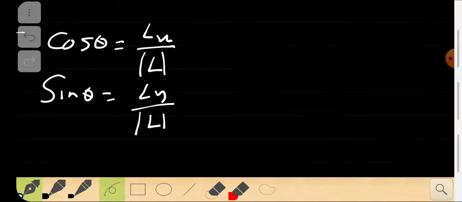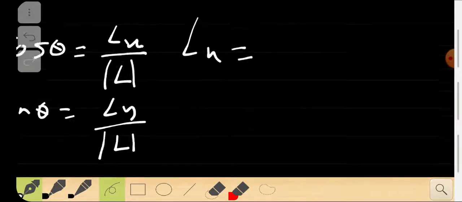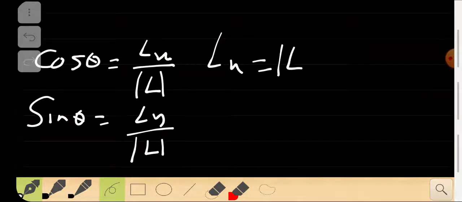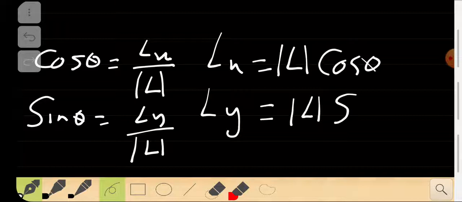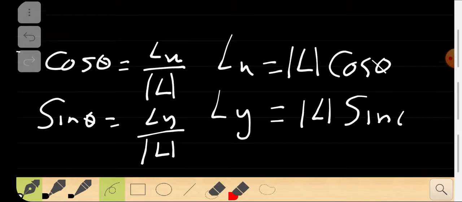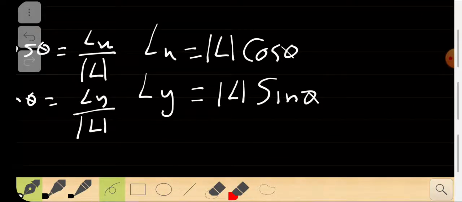So you know lx is magnitude of l times cos theta, and ly is magnitude of l times sin theta, right? So we have found out lx and ly.